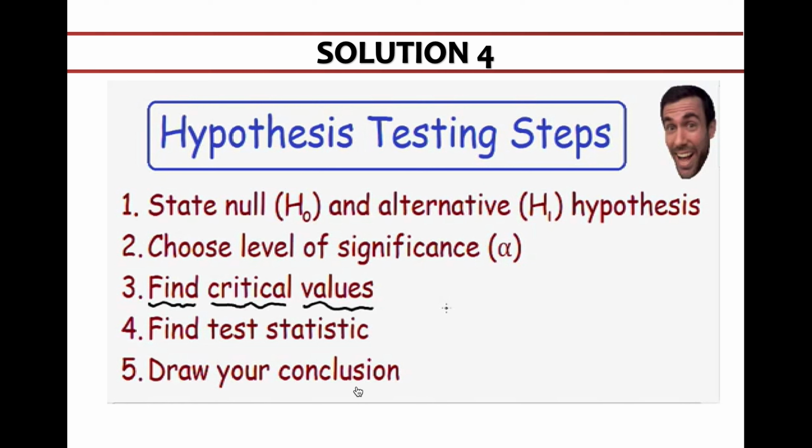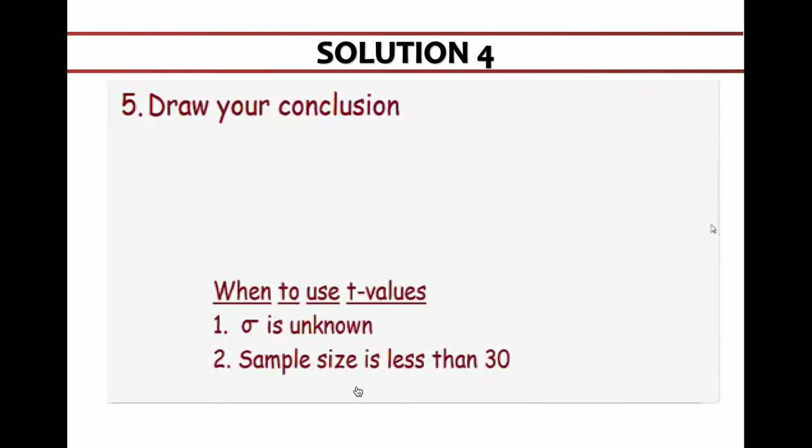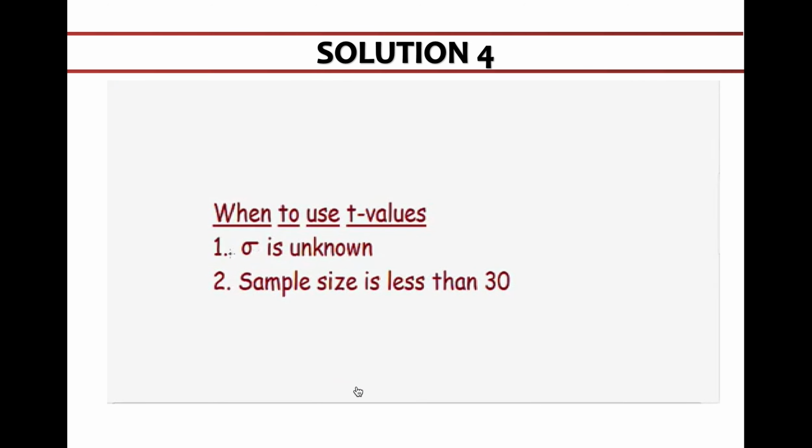So our critical value is going to be a t-value. Now, let me explain why we're using a t-test for this example. I wrote the 2 conditions when we need to use a t-value. Condition number 1 says the population standard deviation, which is sigma, is unknown. Condition number 2 says that the sample size is less than 30.